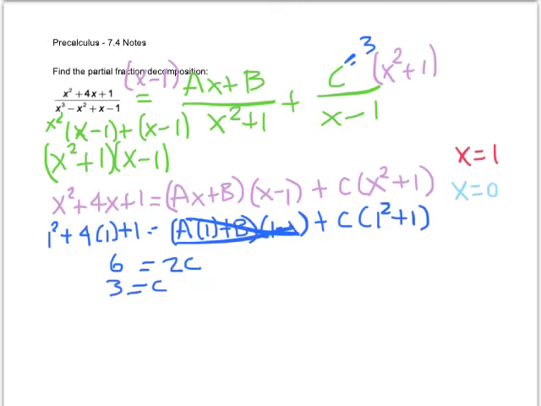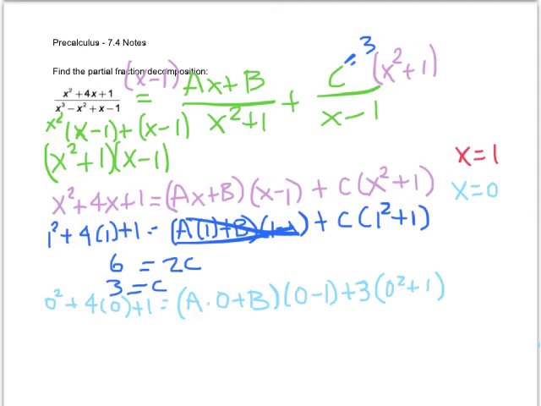So with x equals 0 and c equal to 3, I plug in 0 squared plus 4 times 0 plus 1 equals a times 0 plus b times 0 minus 1 plus c, which we learned is 3, times 0 squared plus 1.